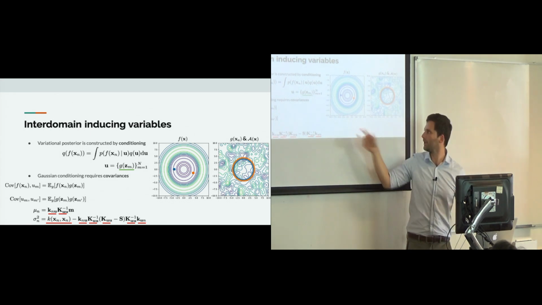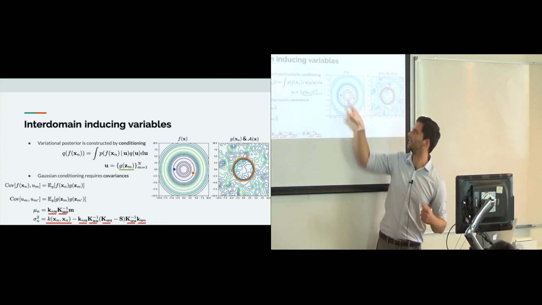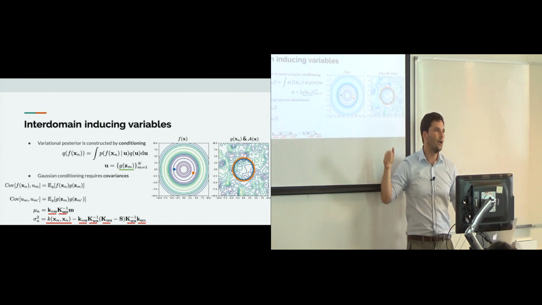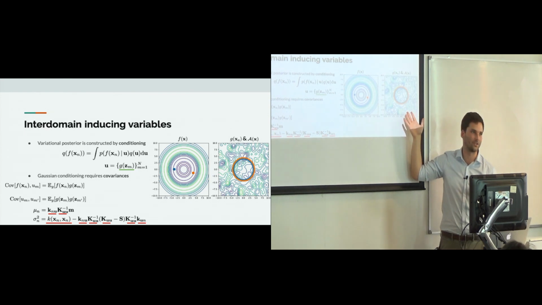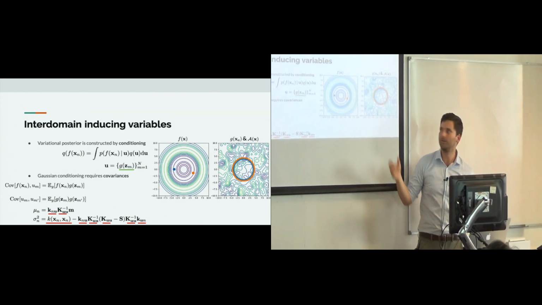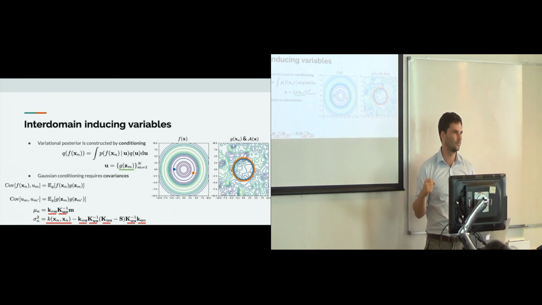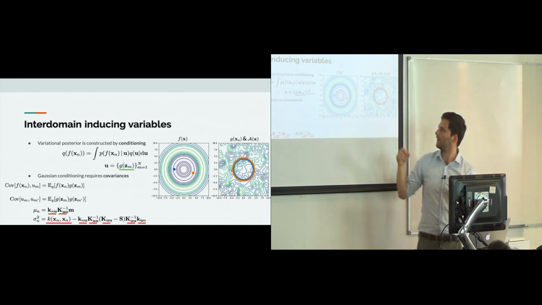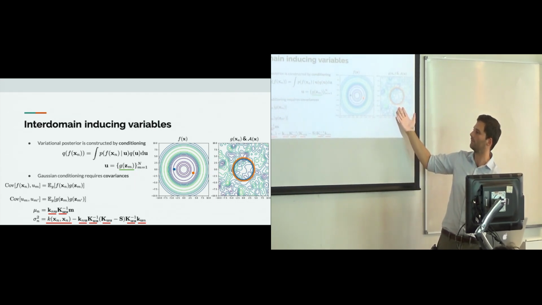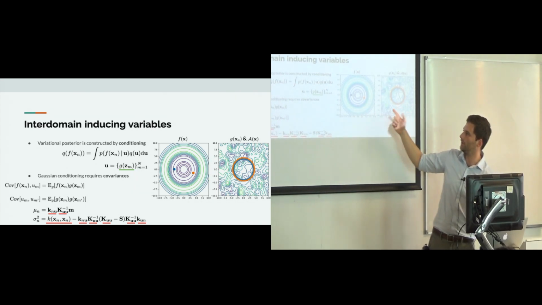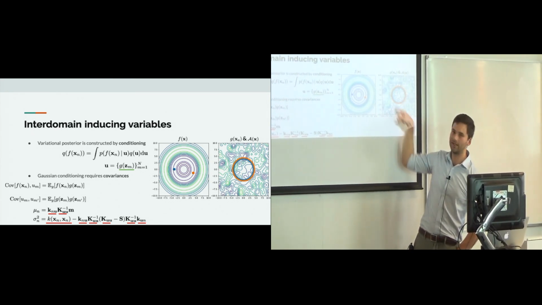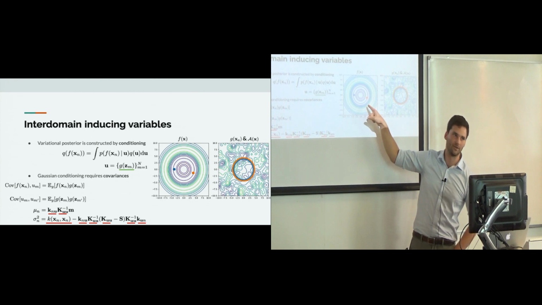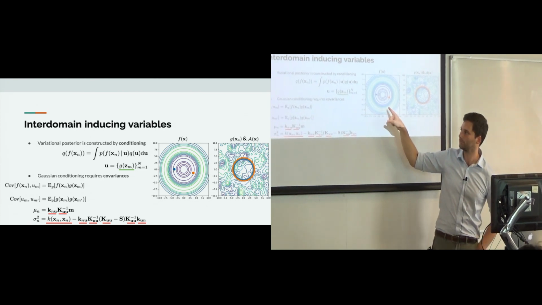So instead of learning about sparse points in this invariant function, we can say, well, there's a deterministic relationship between this invariant function and the non-invariant function. Why don't we just learn about the non-invariant function instead and let that represent the knowledge that we have about the invariant function? So the nice thing is that if we place the inducing variables in this space of the non-invariant function instead, then we need to compute different covariances between the inducing points themselves and between the inducing points and the points we want to predict.